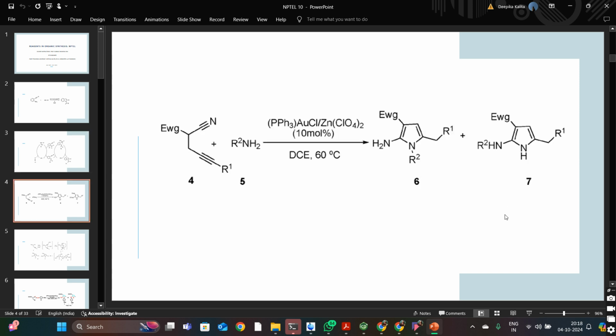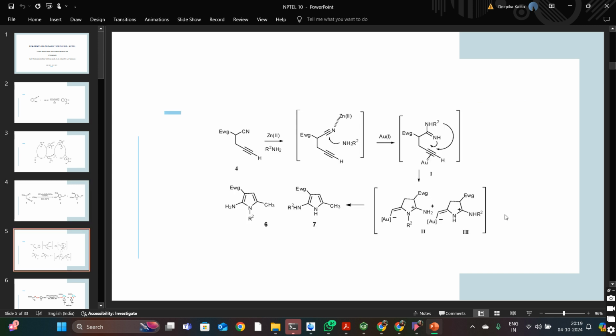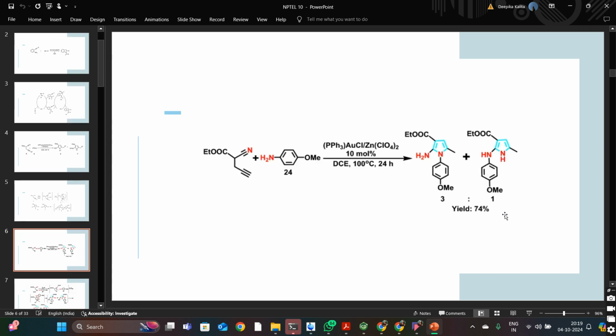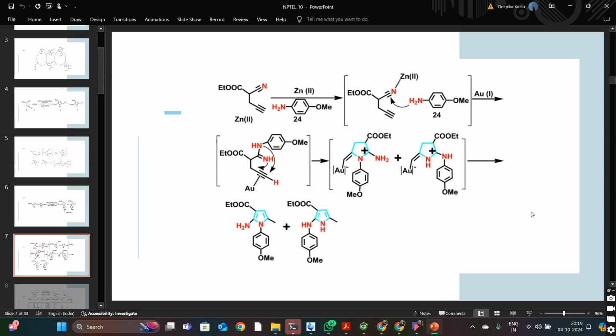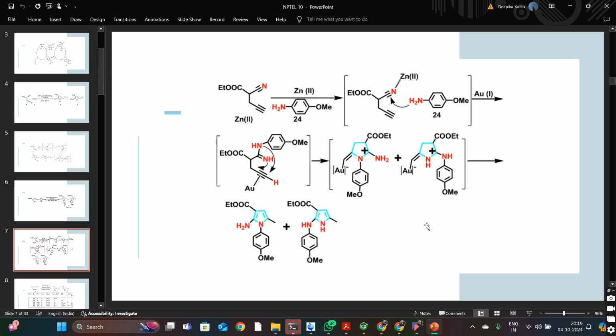Then we moved to another hydroamination reaction, which was gold and zinc catalyzed, and we also saw that two different product formation was possible by the hydroamination starting from two different amine fragments. And we also extended the same reaction with this example where we saw the same reaction mechanism to get two different aromatic products.